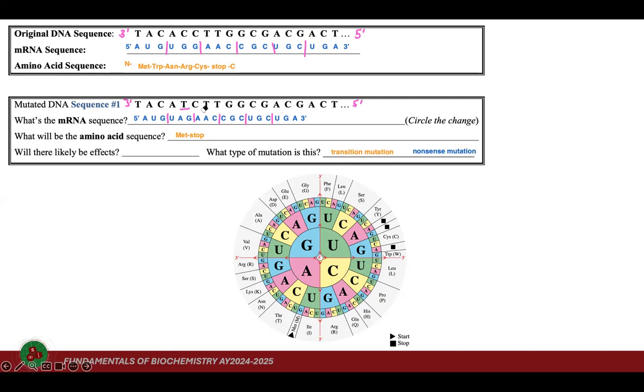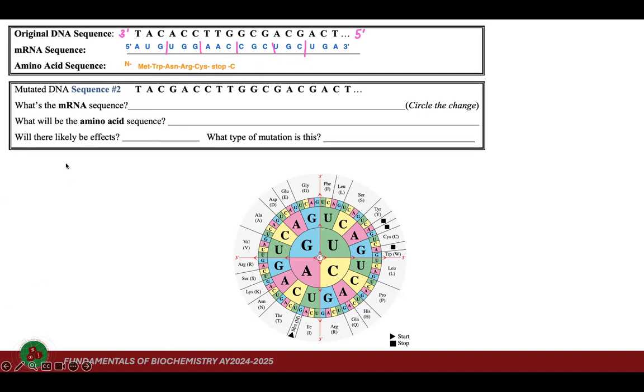Okay, I have another example here. Let's look at this DNA sequence, which is also mutated. At first glance, you should be able to recognize that this DNA sequence is longer by one nucleotide, which means there should be an insertion, right?